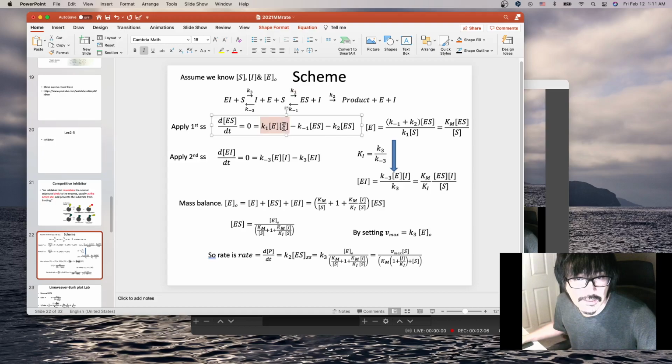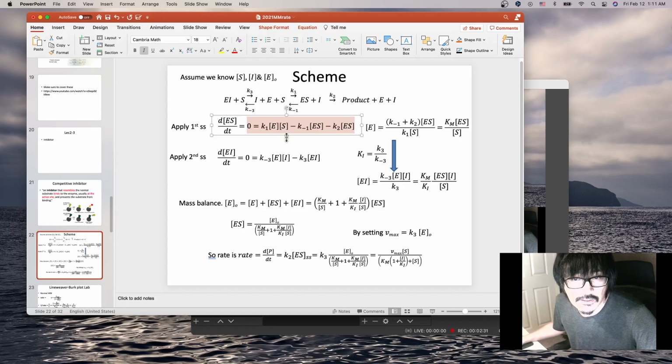That's this one right here. And then ES can disappear by forming the product. That's going to be the negative. And then going backward to the E and S, right? So overall I have these things equal to 0.